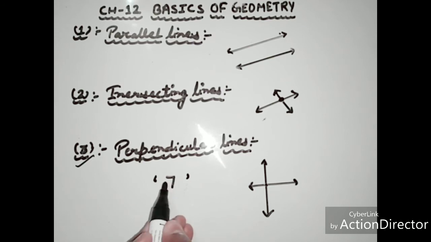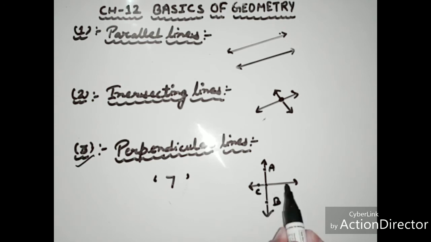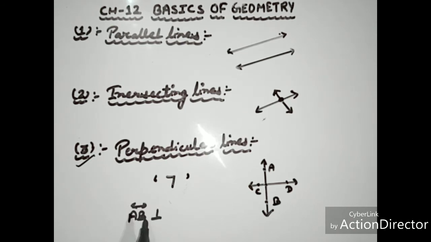And this is the symbol of perpendicular. If we name this line AB and line CD, here we write line AB is perpendicular to line CD.